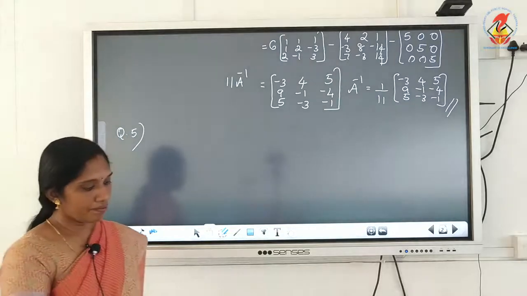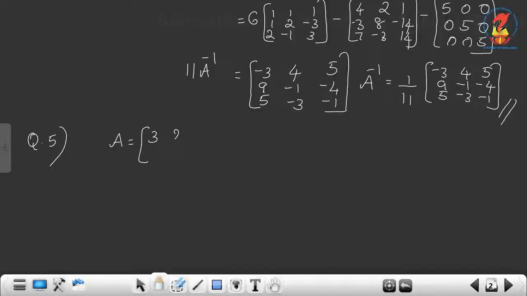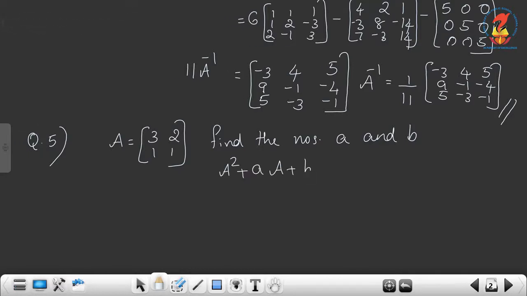Question number 5. For the matrix A equal to 3, 2, 1, 1, find the numbers a and b such that A square plus aA plus bI is equal to 0.